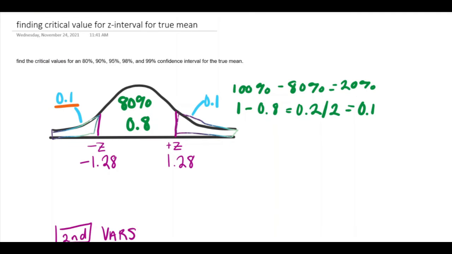So these values won't always be exactly equal. Obviously, the calculator is more accurate. It is a computer, and with the z-table, a lot of times we're guesstimating or we're just getting close. But both of these methods can be used to find the critical value for the z-interval for the true mean.